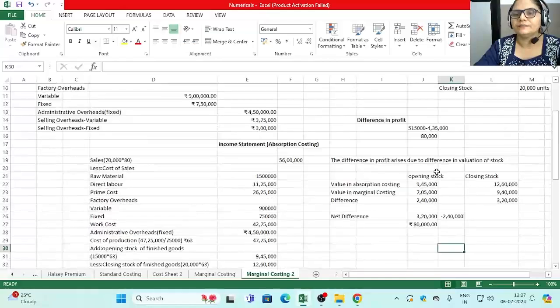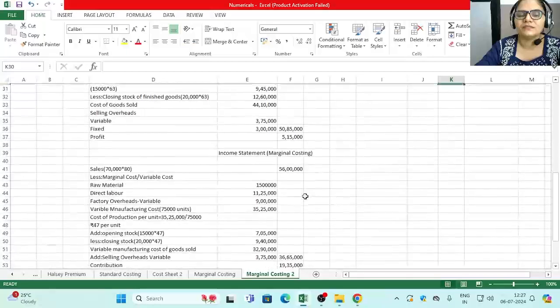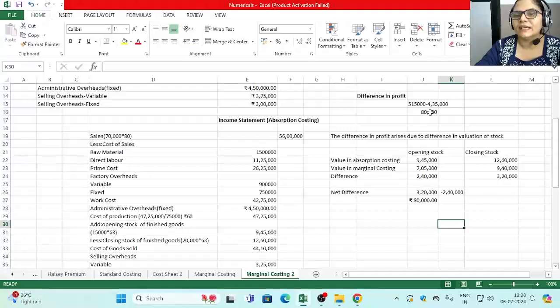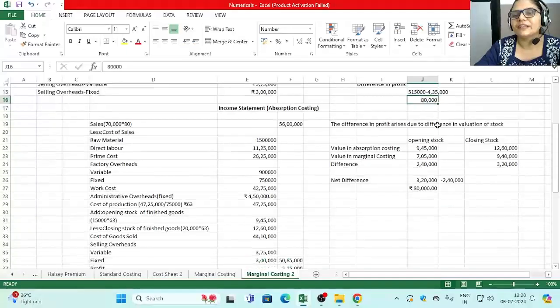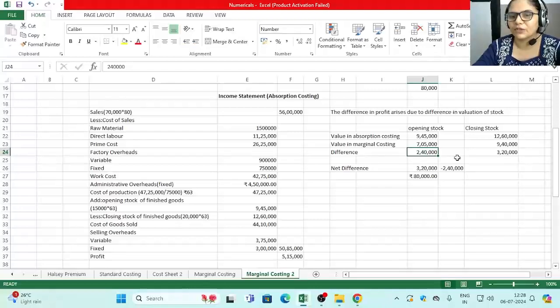As you can see, the difference in profit between absorption costing and marginal costing is 80,000. And this difference is due to the difference in value of opening and closing stock. Value in absorption costing of opening stock is 9,45,000, and in marginal costing is 7,05,000.